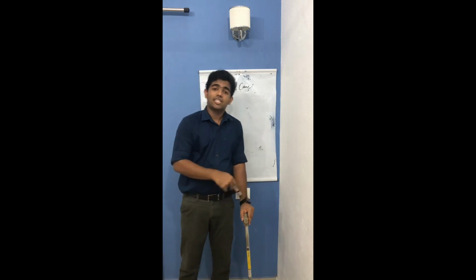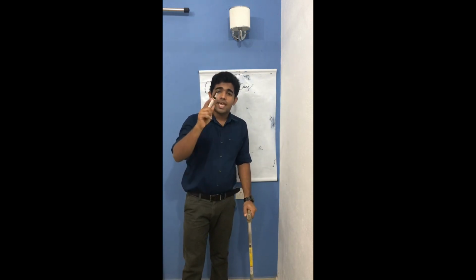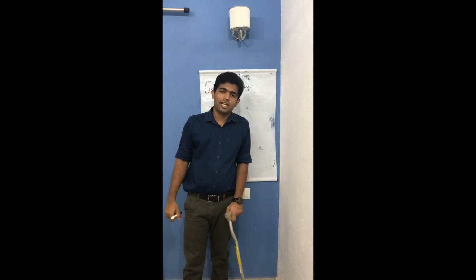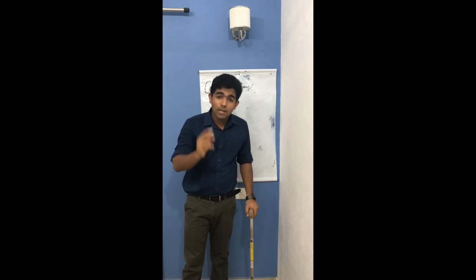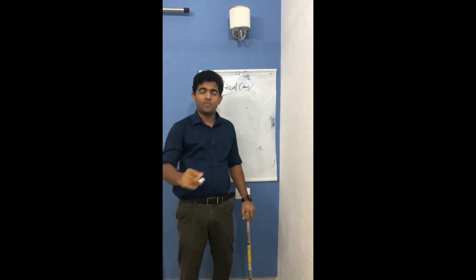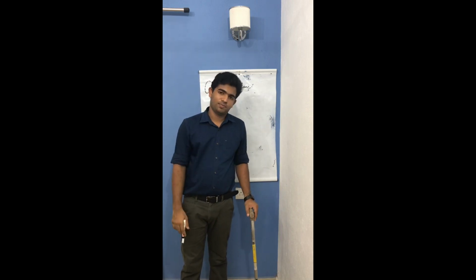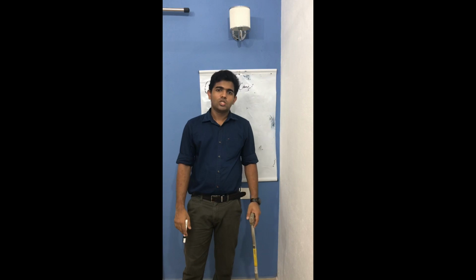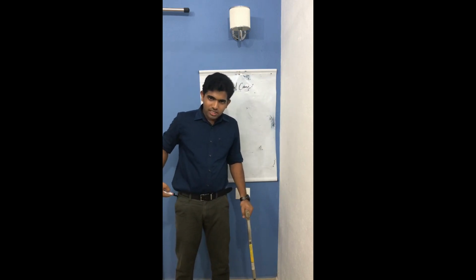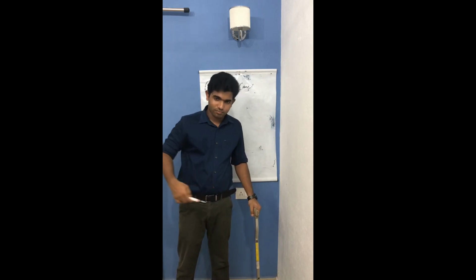So the cane is actually acting like the abductor against the adductor torque, the gravitational adduction torque. So the cane helps in preventing the adduction torque, and now the abductor torque is provided by this cane.